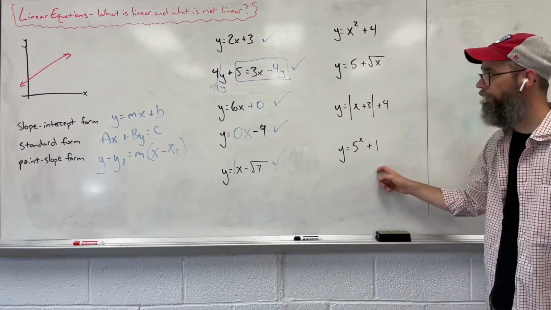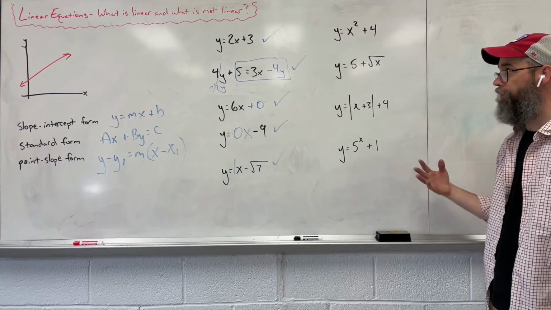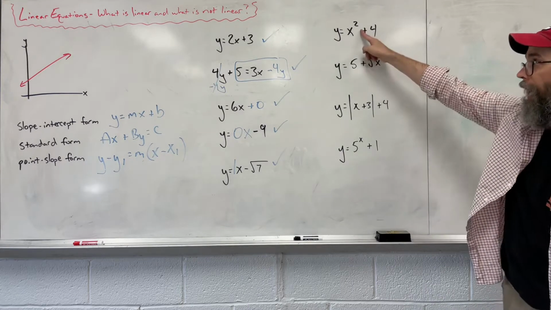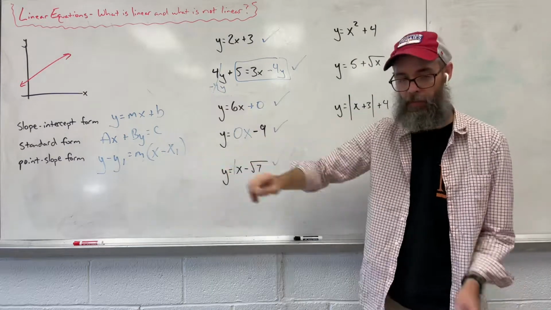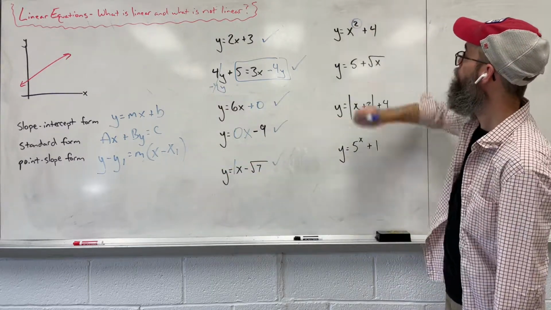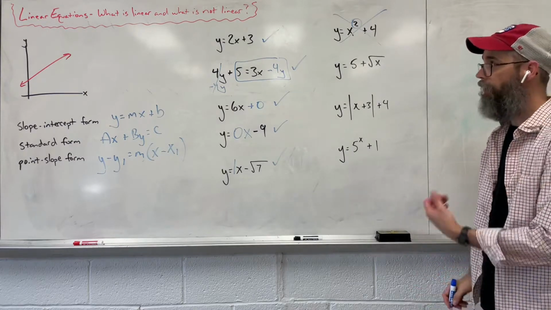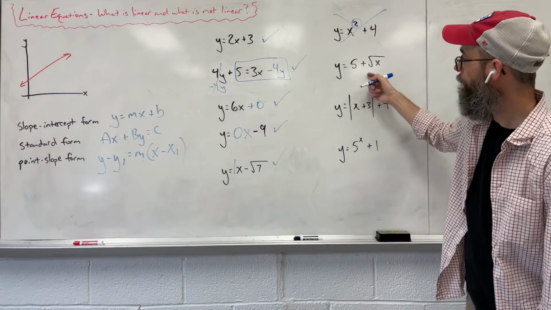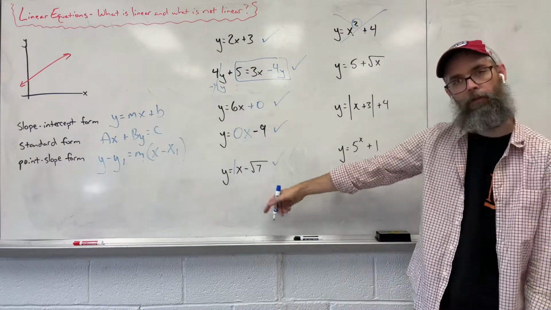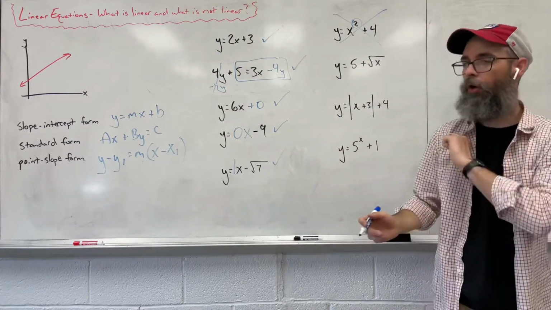Now let's come to the next side. I feel like I'm getting some problems here. Well, exponent. I see no exponents in the forms right away. Because of that, no, not linear. All right, next one, I have a square root. We said square roots are okay, so it's linear. Not always.